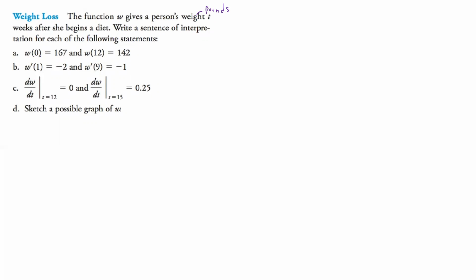All right, W(0) equals 167 and W(12) equals 142. Well, what does W(0) mean? At time zero, so basically when she's starting her diet, that first day, she weighs 167 pounds.